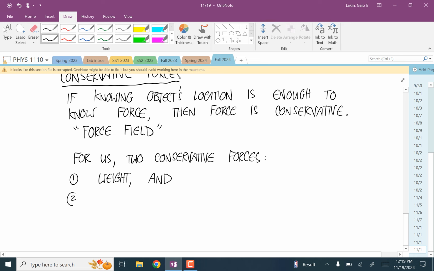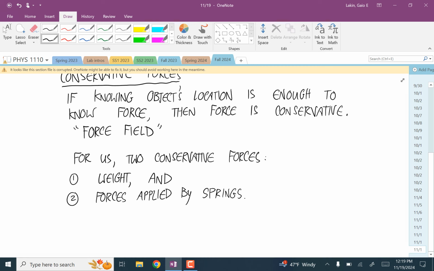And the second one is forces applied by springs. Okay, so let's take a second and try to understand how this works for these types of forces.